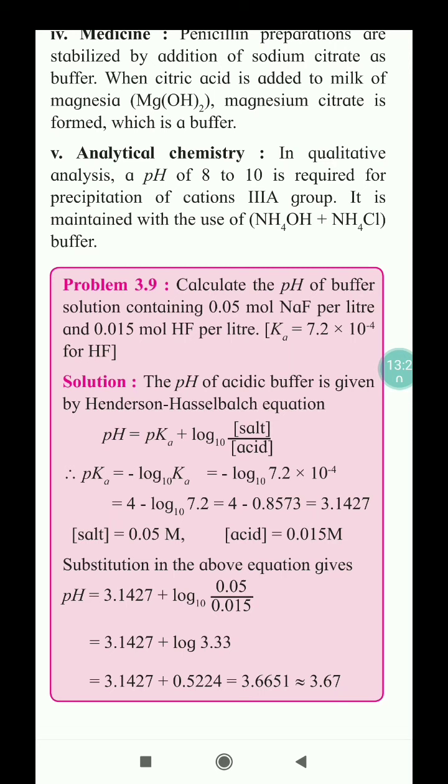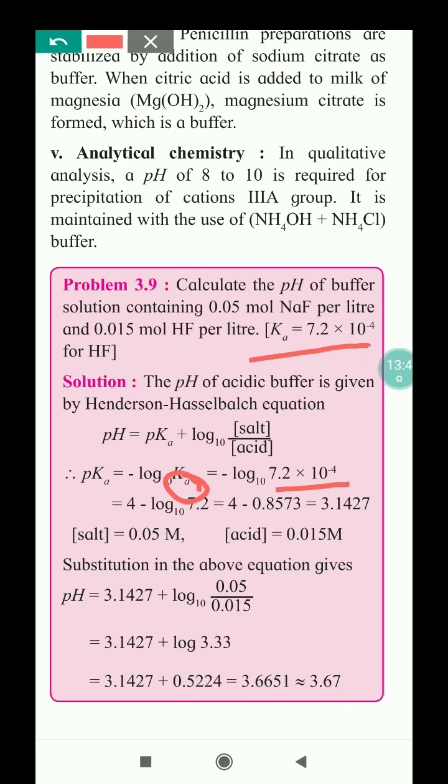According to the Henderson-Hasselbalch equation, pH is equal to pKa plus log to the base 10 of concentration of salt upon acid. But pKa is equal to minus log to the base 10 of Ka. By putting this value of Ka, minus log to the base 10 of 7.2 into 10 to the power minus 4.